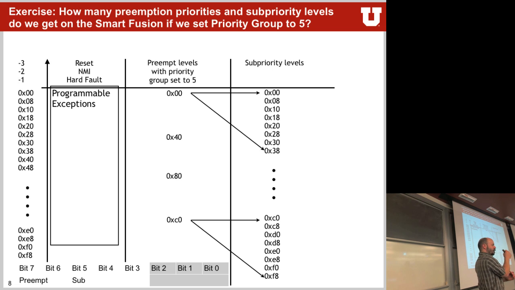If it's set to 5, it means that the last 5 bits will be sub-priority. The top 2 bits are the preemption priority. If it's set to 4, 0 to 4 will be sub-priority, and 5 through 7 will be your preemption priority. Okay, so where did you set that the last 3 bits are always 0s?